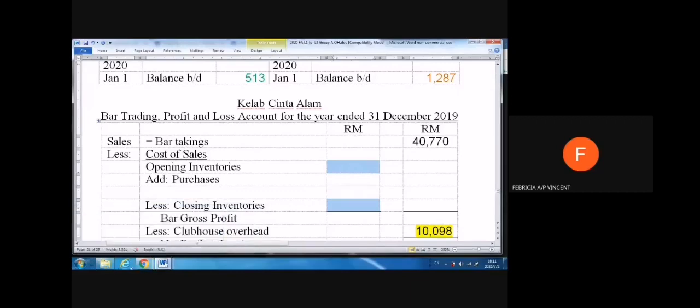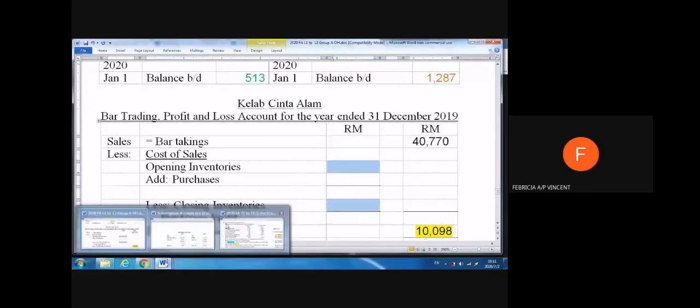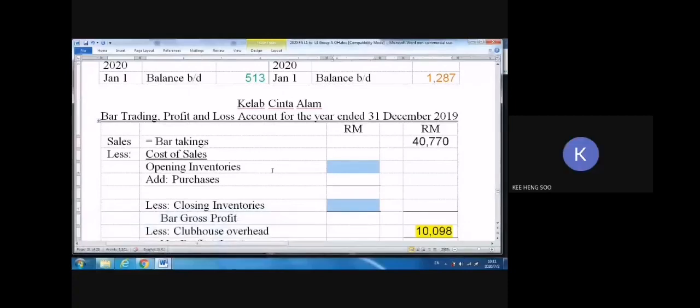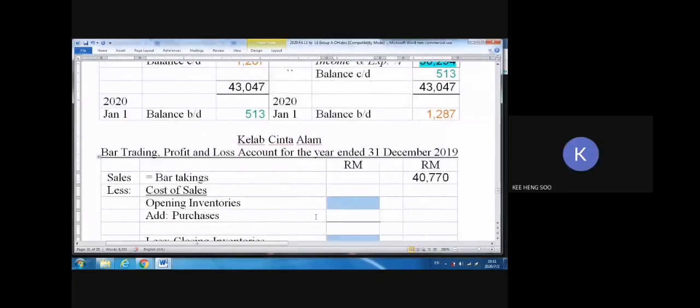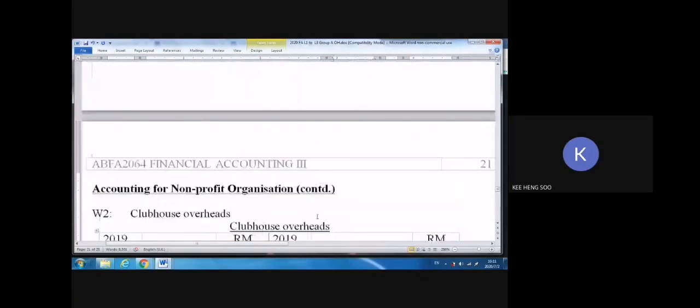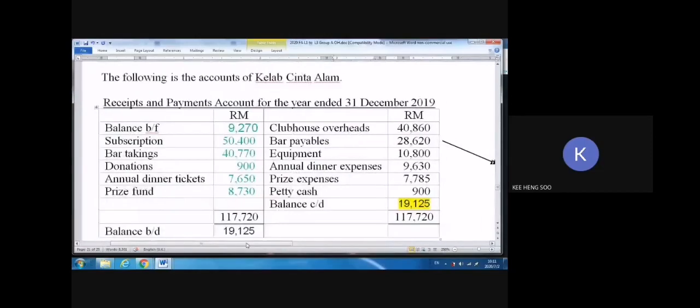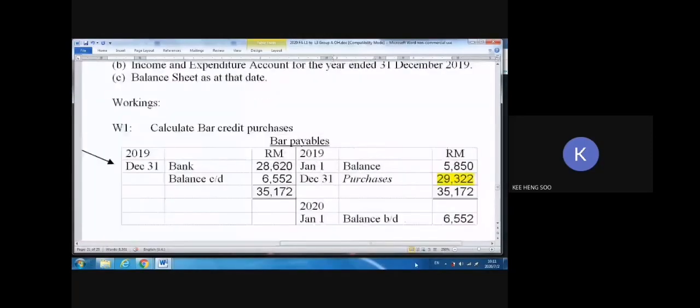Yeah, the closing inventory, opening inventory, take from where, sir, actually? Opening inventory. Do you see my screen here now? Okay, opening inventory and closing inventory, take from the page number 20. You go to the page number 20. Opening inventory and closing inventory is here.